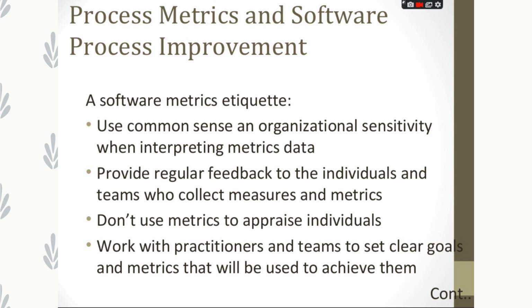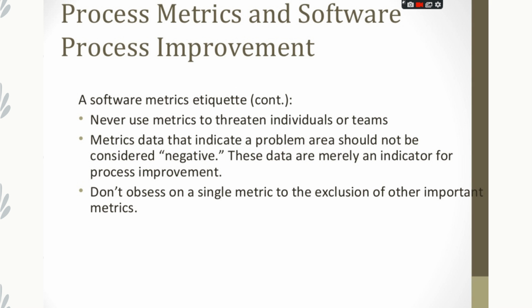Software metrics etiquette is to use common sense and organizational sensitivity while interpreting metrics data, to provide regular feedback to individuals and teams who collect measures and metrics. Don't use metrics to appraise individuals, and work with the practitioners and the team to set clear-cut goals and metrics that will be used to achieve them.